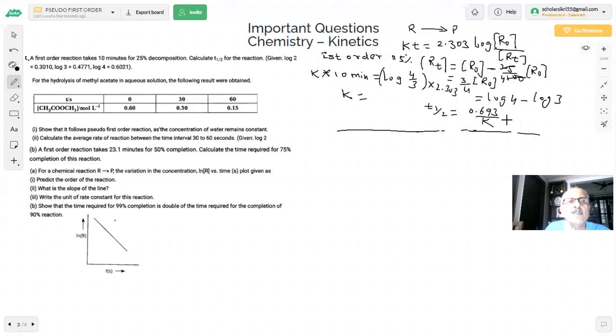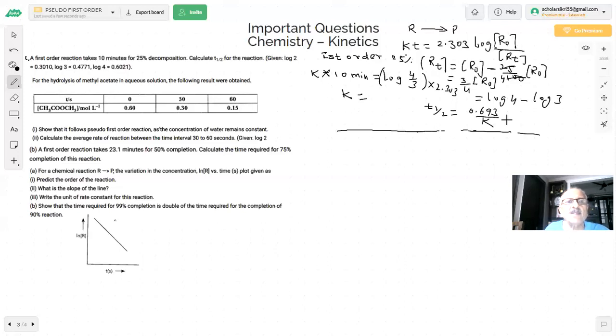At zero time, this is the concentration of ester. At 30 seconds, the concentration is 0.30. You can see that with time, the concentration of ester is decreasing. At 60 seconds, only 0.15 is left. This is the amount which is left, and at time t equal to 0, this is the amount.